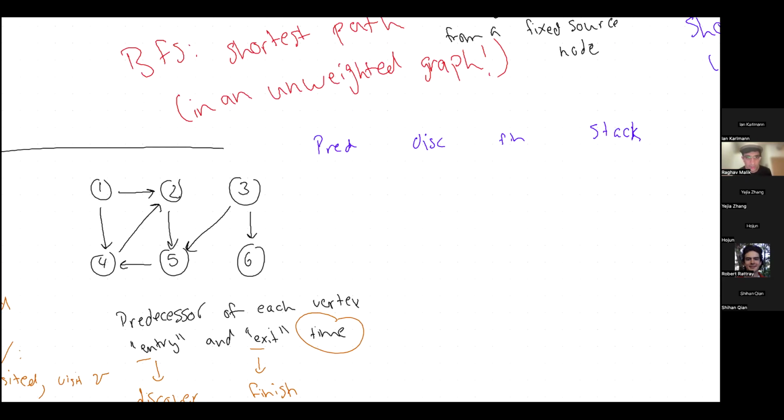Okay, so we start by setting the predecessor of 1, 2, 3, 4, 5, 6. I'm going to move this up. So we've got predecessor, discovery time, finish time, and I'm going to keep this call stack over here. And then 1, 2, 3, 4, 5, 6. So here's my table.